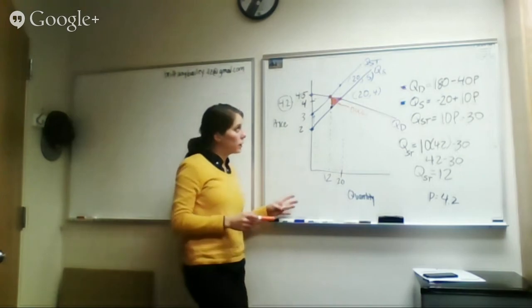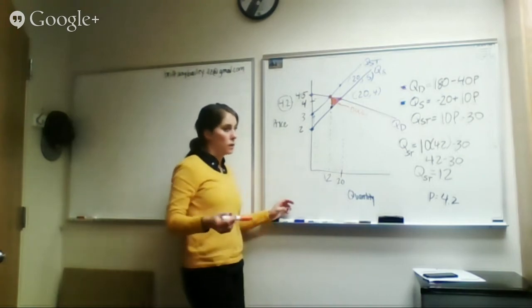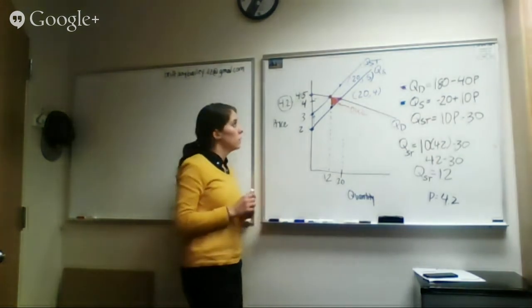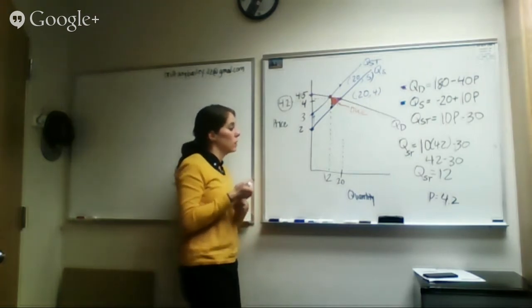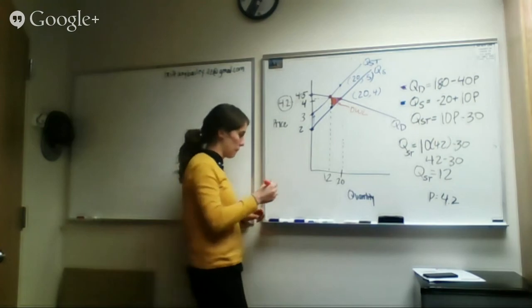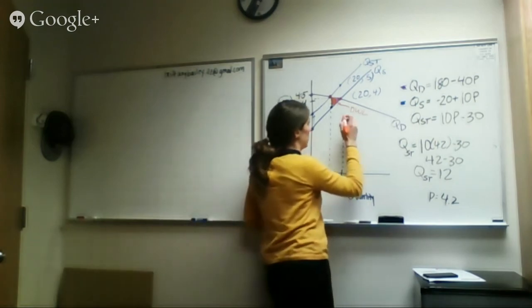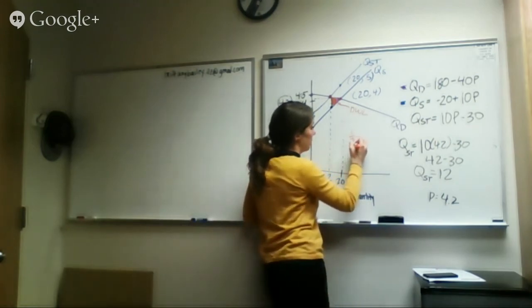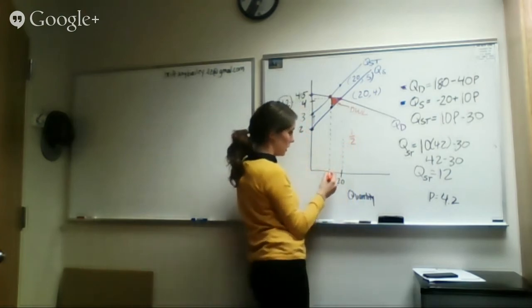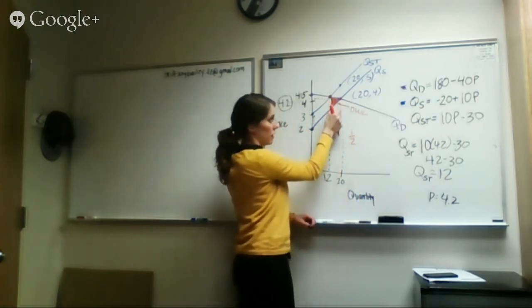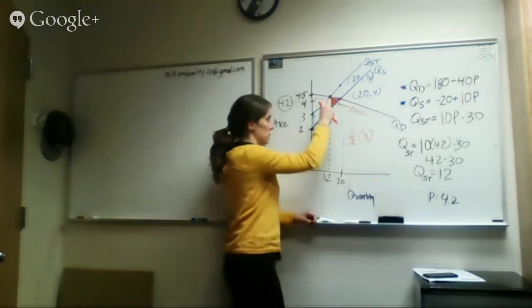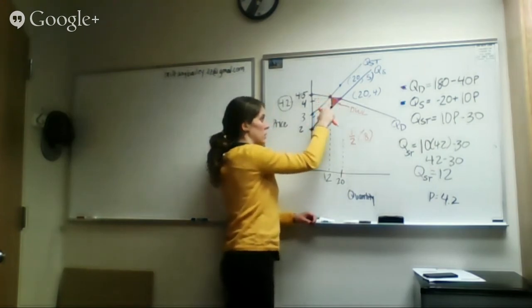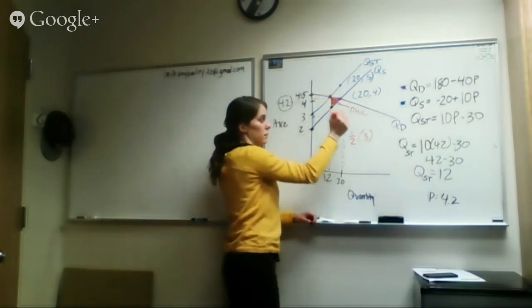To calculate the actual value of that, we need to know the area of that triangle, which is going to be 1/2 times the height of the triangle, and that's 8, times the difference between these two, which is 1.